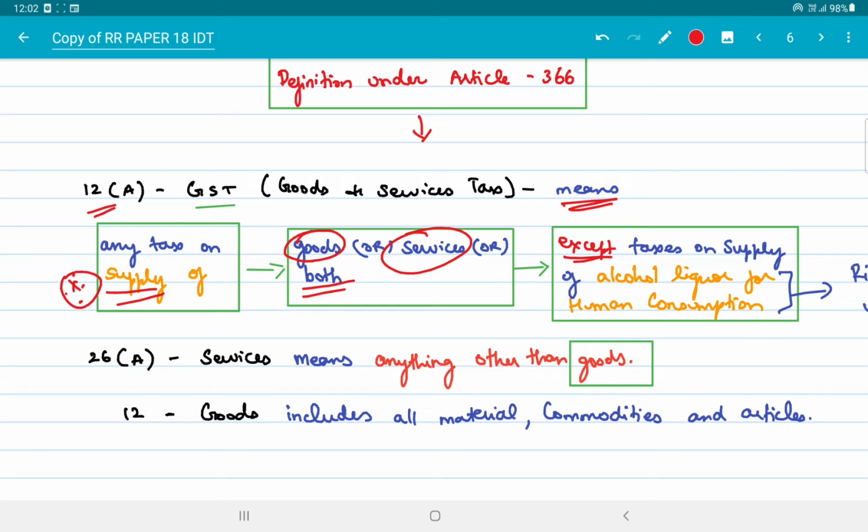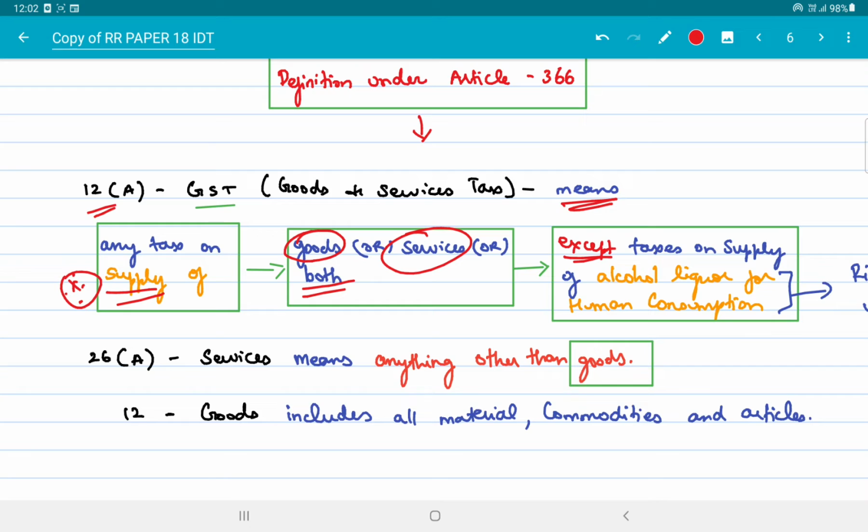GST will not at all be levied unless there is another amendment to the Constitution of India after agreement of each and every state that yes, we are ready to give up the revenue from the sale of alcoholic liquor.